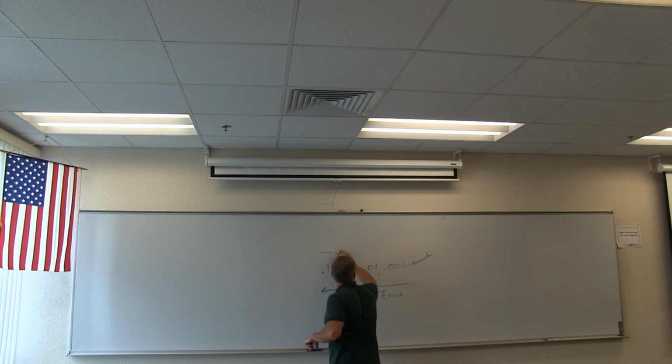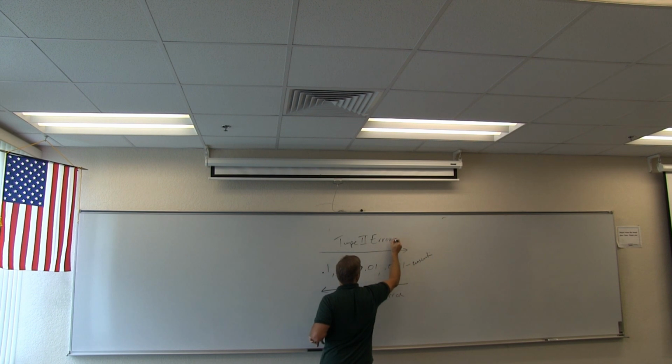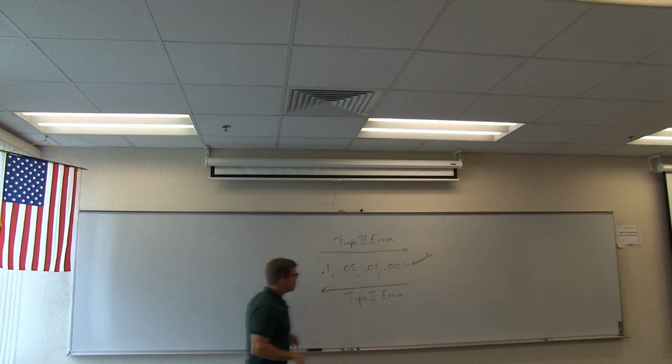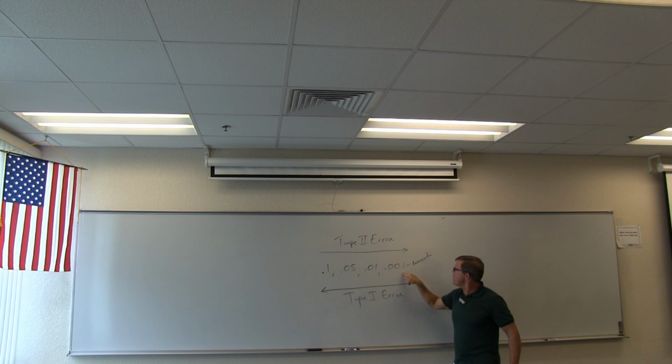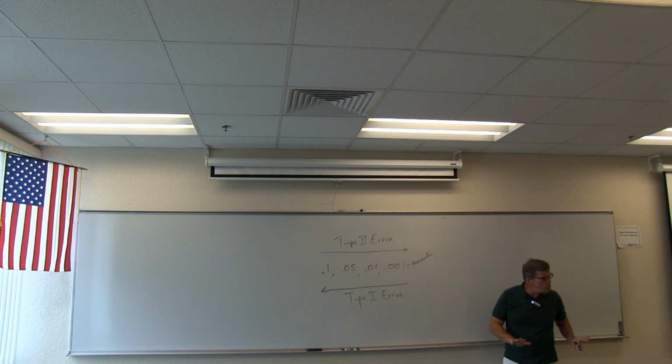But I could also tell you that the relationship between type 1 error and type 2 error is inverse. What do I mean by that? Well, if I make alpha too conservative, it increases the likelihood that I commit a type 2 error. Why? Because if the likelihood of a type 1 error is too low, then the critical values are high. It takes a higher test statistic to reject, and I might be missing something.